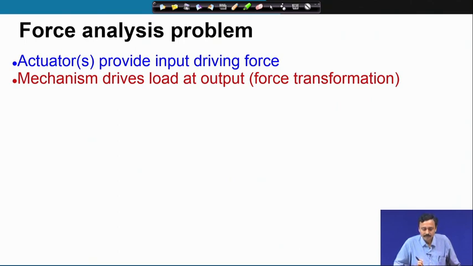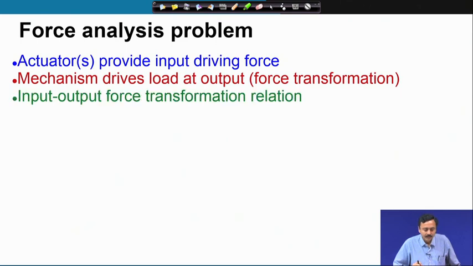So, from torque to force, or from the torque of a motor to the output torque of the output link. Now, the force analysis problem is to determine the input output force transformation relation.